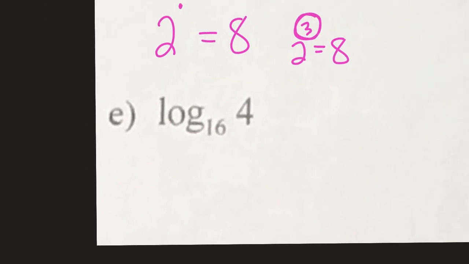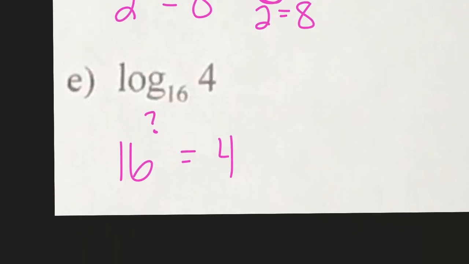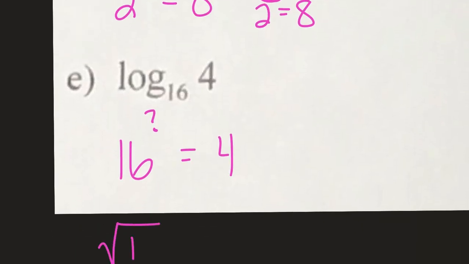Maybe there are some tricky ones. Aha, here's a tricky one. 16 to what power equals 4? Remember, the answer is an exponent. So what operation do we have to do to 16 in order to change it into a 4? We can't multiply or divide by a number. We want to do one operation, and that's the square root.